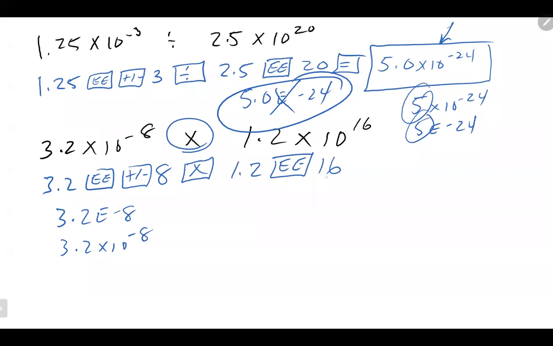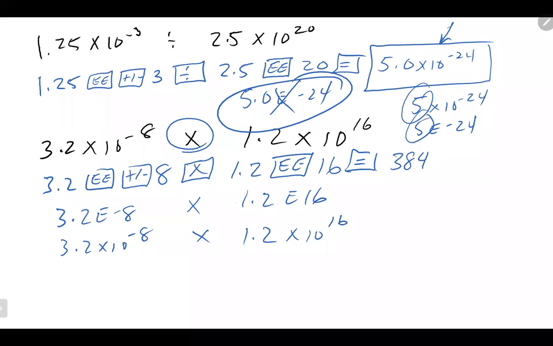And again, this is a positive exponent, so I'll hit that. So it'll look something like this probably on your calculator, depending on which one you might have. And again, obviously going to hit equals at this point, and we will end up with 3.2 exponent -8 times 1.2 exponent 16.